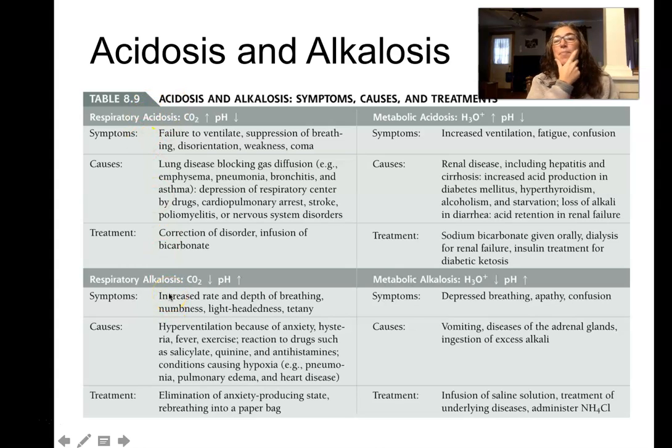Another one is metabolic acidosis and alkalosis. For example, somebody who has been vomiting a lot, or has really bad diarrhea, but mostly excessive vomiting, and they're getting rid of all that stomach acid. That means they're reducing the acid, they're becoming more basic.